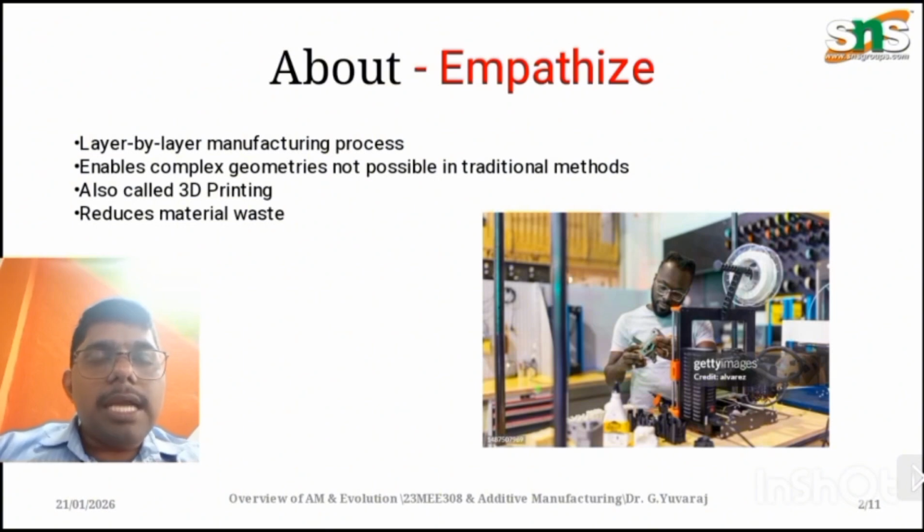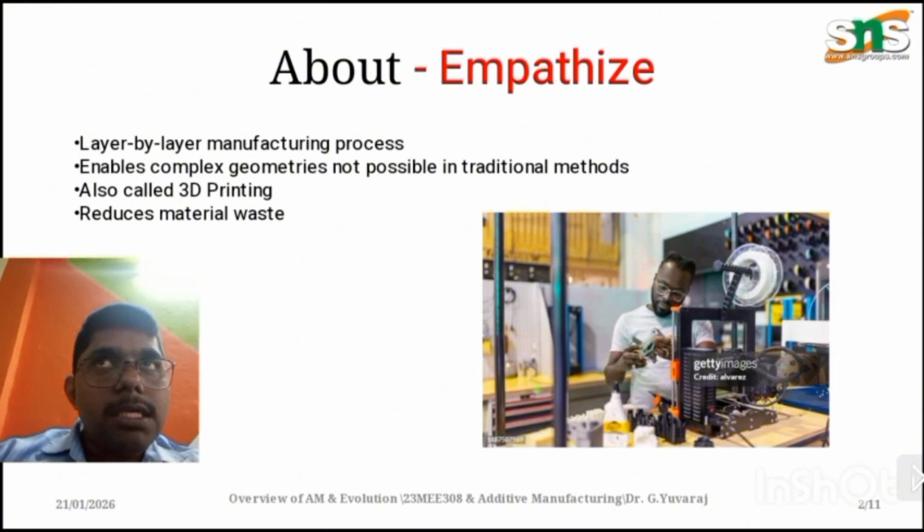In simple words, additive manufacturing is done layer by layer. The materials can be in powder form or in metal form, and we can manufacture with them. This layer by layer approach handles traditional geometry as well as the traditional method of manufacturing.